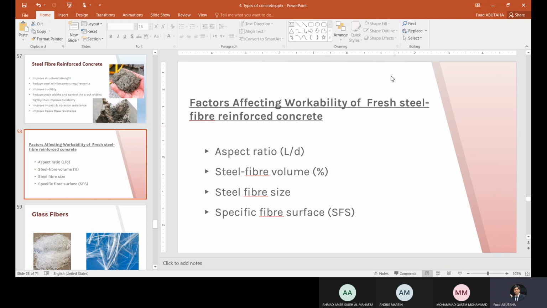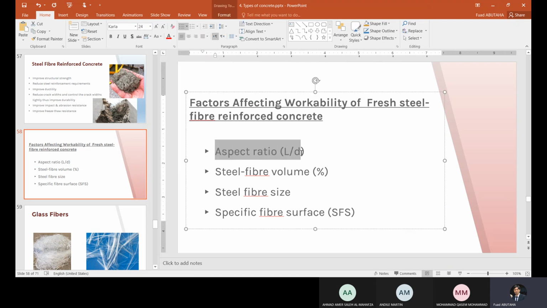Factors affecting the workability, and not only the workability but also the general properties of the concrete. The first and most important one is the aspect ratio, which is the fiber length divided by its diameter, and also the volume of the fiber inside the mix.